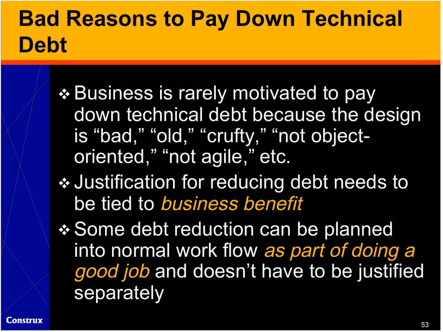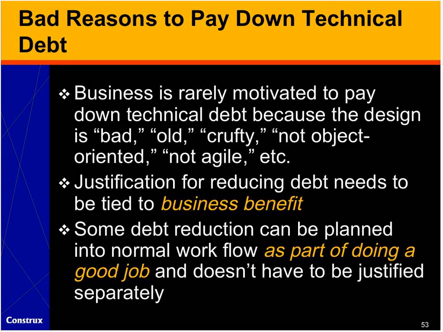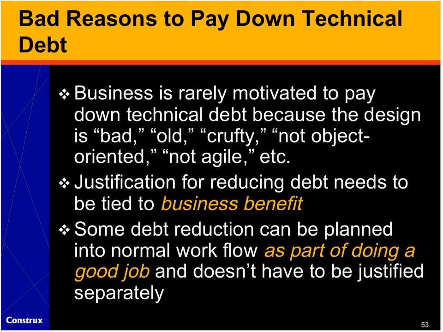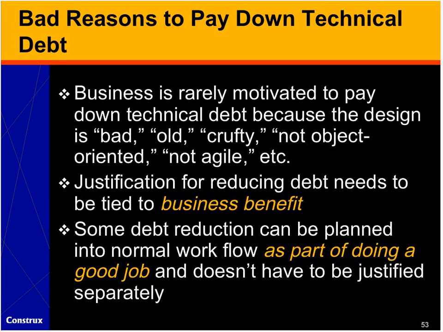I also think that we don't have to justify every single initiative in paying down technical debt one by one to the business. We can just plan in some debt reduction as part of our normal workflow and part of doing a good job. That is to say, if we're doing, say, monthly iterations, let's say that we're in an agile context, we're doing, I'll just make up a number here, 50 story points per iteration.